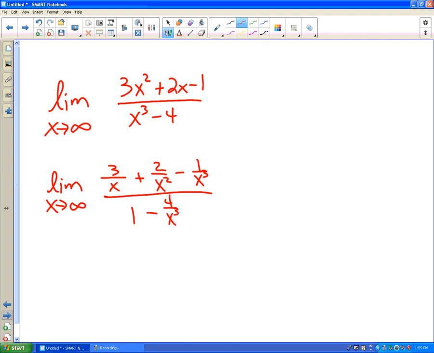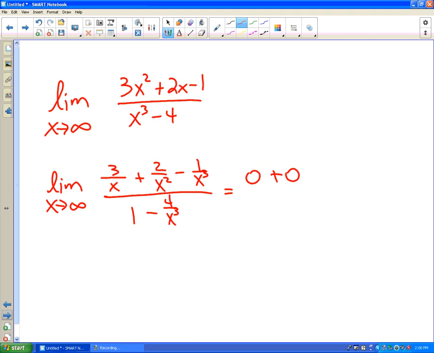Each of these pieces, we know their behavior as x gets larger. As x gets larger, what happens to 3 over x? It approaches 0. As x gets larger, what happens to 2 over x squared? It approaches 0. So here we're using that addition property that allows us to add the individual limits of functions together.